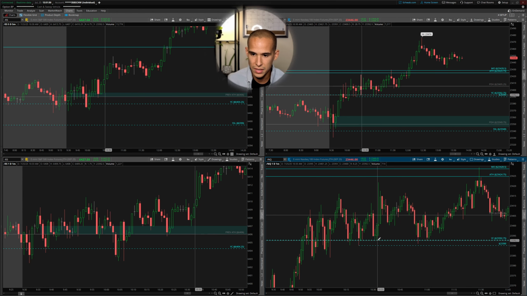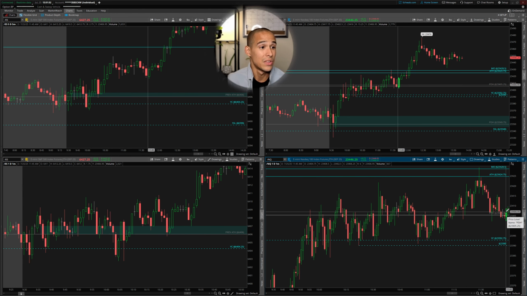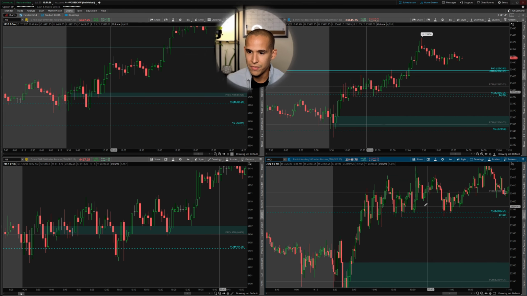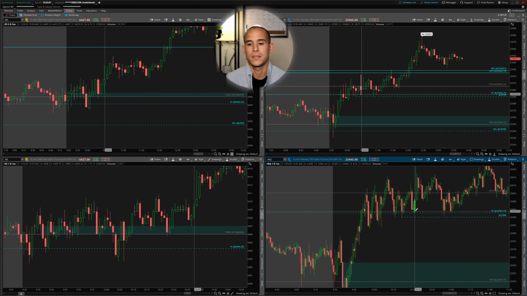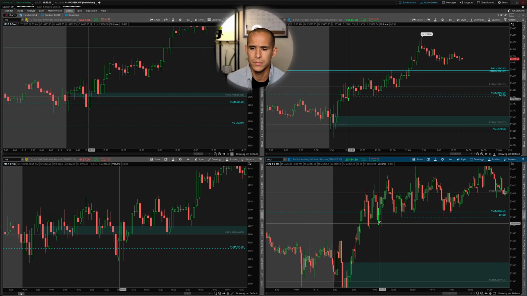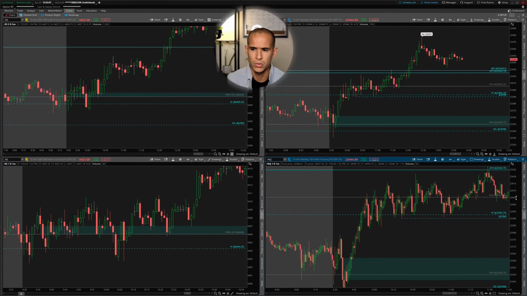Let's say I decided to enter here for more upside, which is the right decision actually, but we'll talk about that later. If I decide to enter here, where do I place my stop loss? Because price can easily take any of these swing lows and then continue higher.